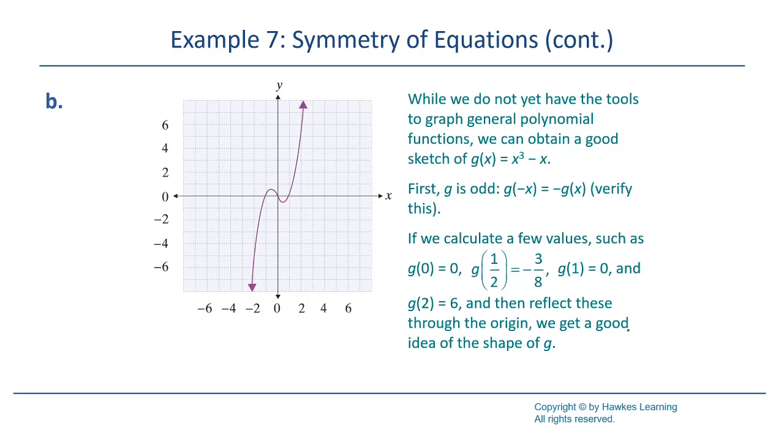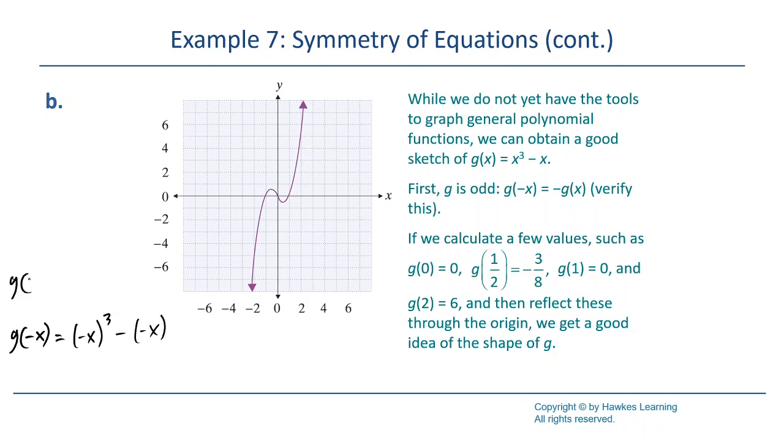Then if we go to the second one, x cubed minus x. So I'm going to write that over here. Let's do g of negative x. Well, this will be negative x cubed minus negative x.